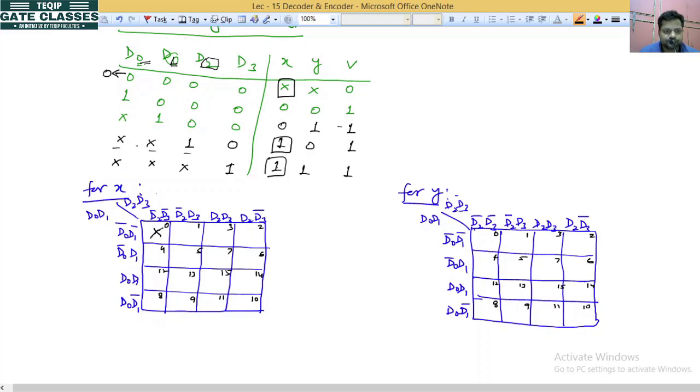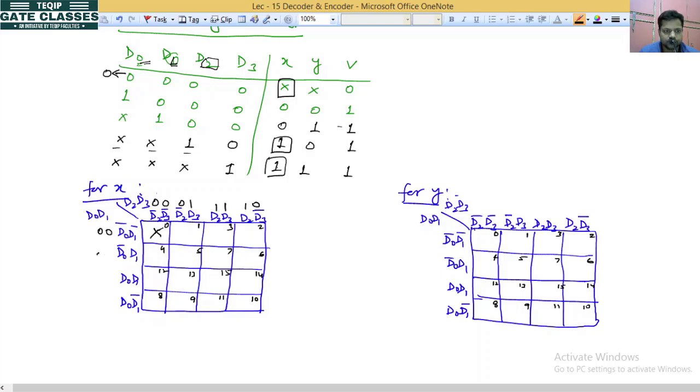Now for these combinations, D2 and D3 will be 1 0. We have 1 in all those cells. Okay? So if you write here, it is 0 0, 0 1, 1 1, 1 0.